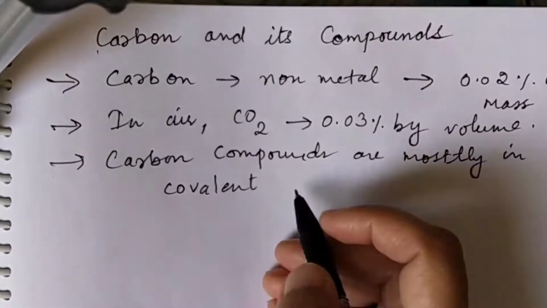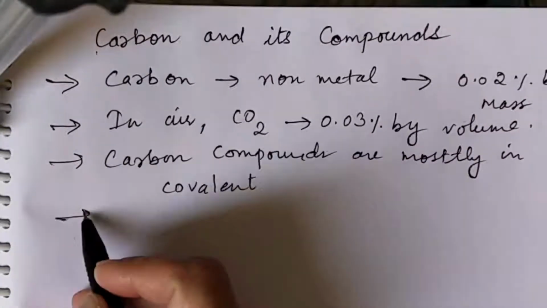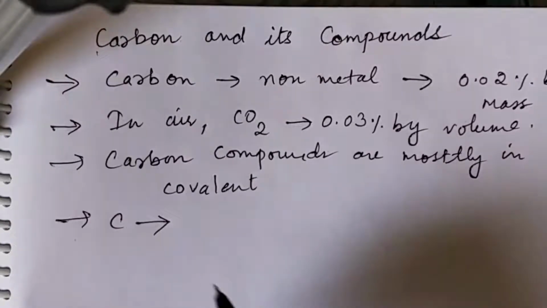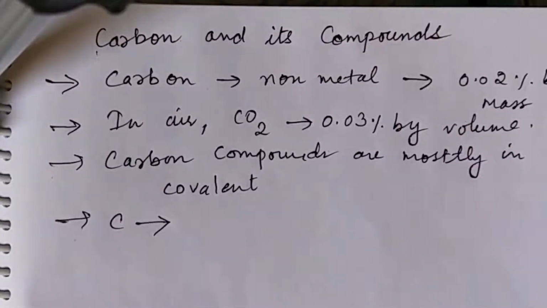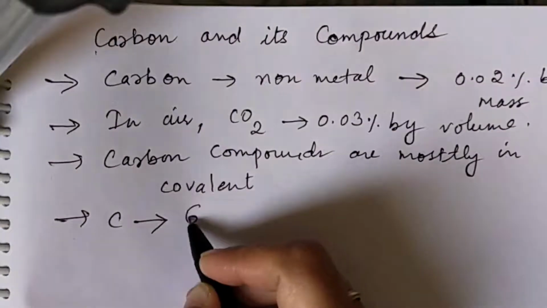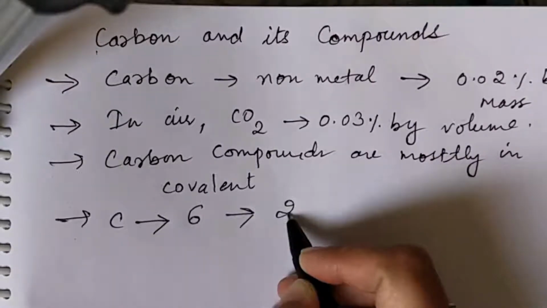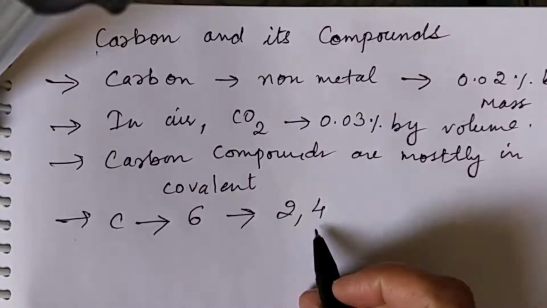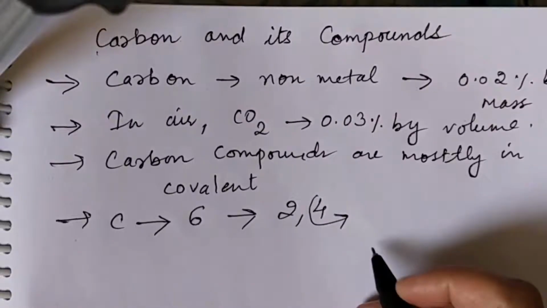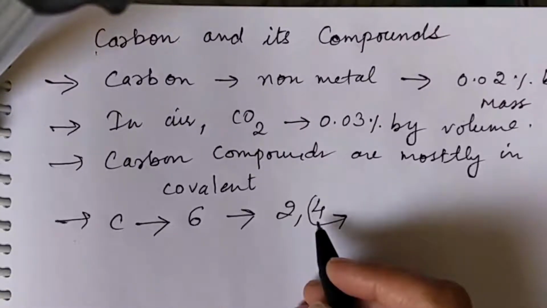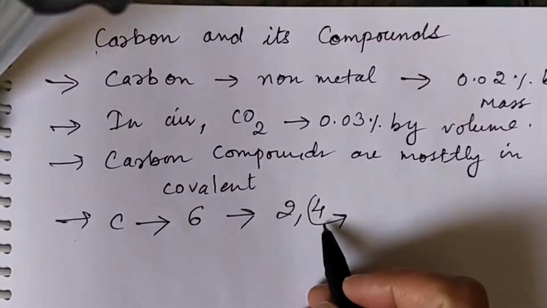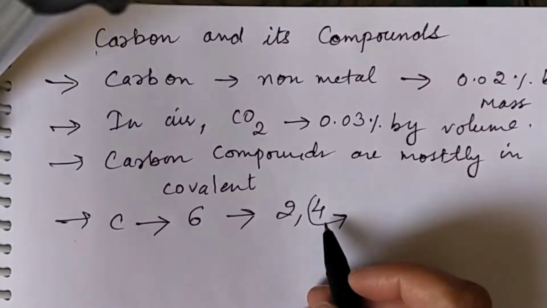See, carbon has the atomic number 6. What is the electronic configuration of carbon? Because of atomic number 6, its electronic configuration is 2,4. Here 4 electrons are present in the valence shell. So when 4 electrons are present in the valence shell, it is not easy to gain or lose these 4 electrons.